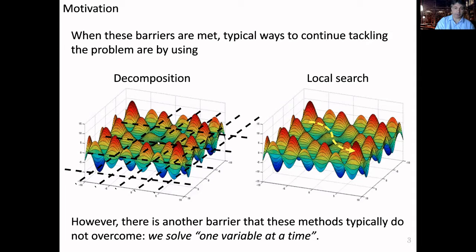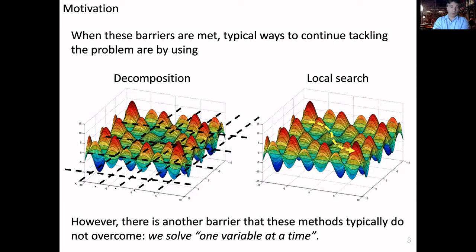For example, if we solve a sub-problem in this part of the domain, then we may not necessarily know what happens with the variables and with the interactions between variables in other domains, right? So we fix the boundary condition and solve the problem in this specific area.